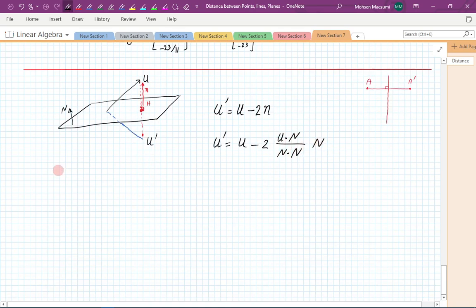So if we have, let's use the same numbers of the last problem. u is (1, 0, -2), and n was coming from our equation for the plane, -3x - y + z = 0.